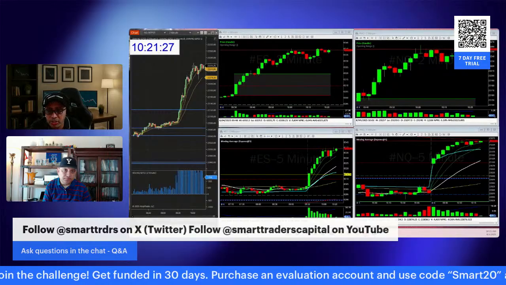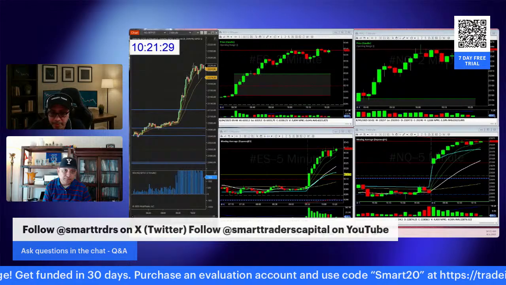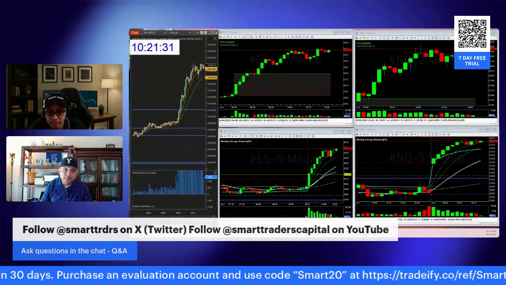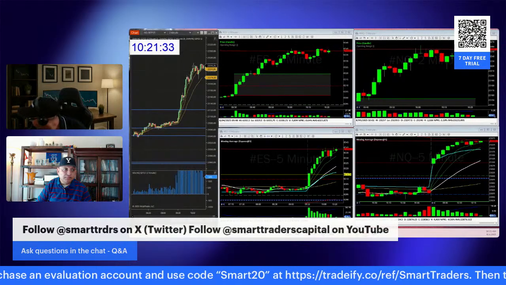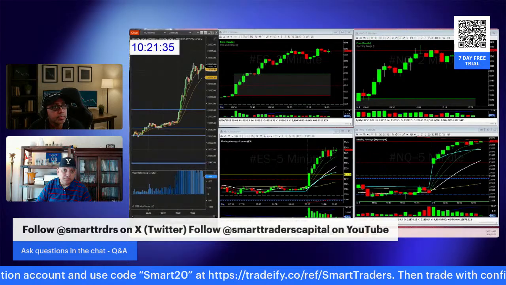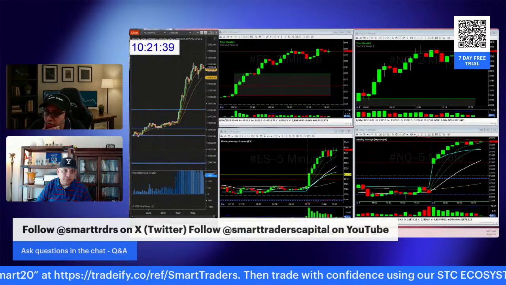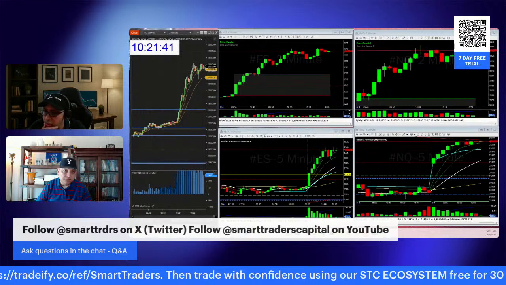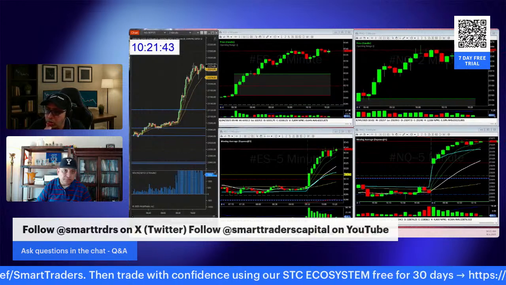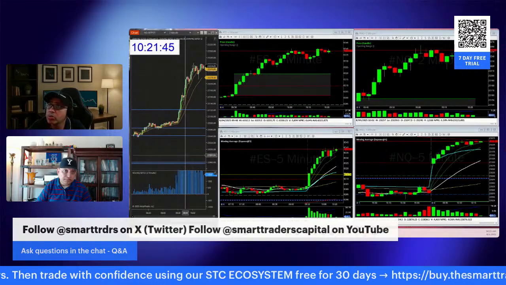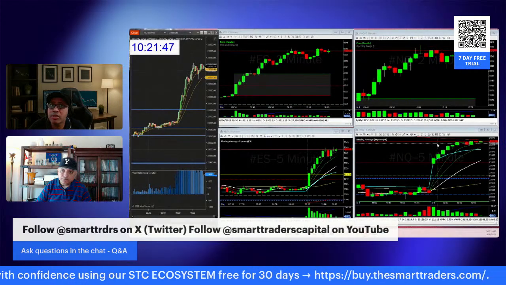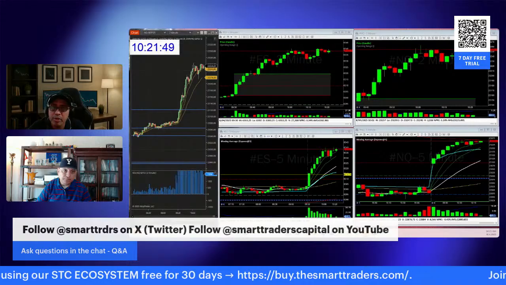I'm going to show in the next strategy classes what the rejections look like. If I wanted to short, I'd want it clearly coming below these two indecision candles on the 5 minute.